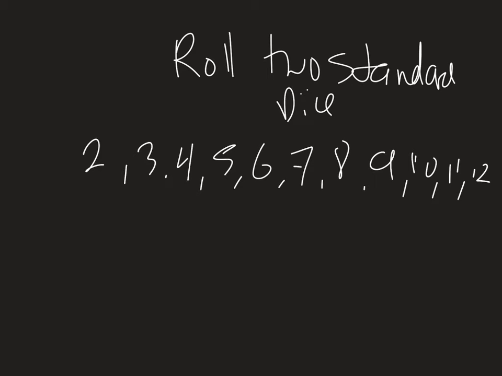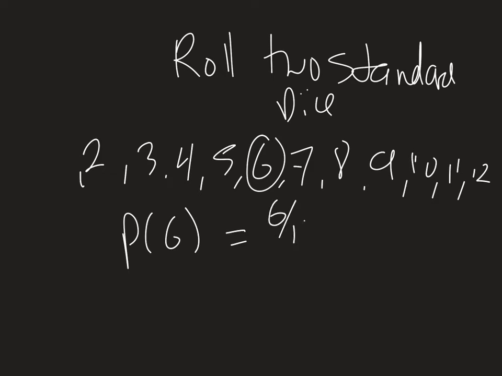And it can be tempting to say, okay, well, the probability that I roll a 6, so that would be if I roll a 3 and a 3, a 4 and a 2, a 2 and a 4, a 5 and a 1. It can be really tempting to say, okay, well, there's one possibility of 6 out of, let's see, 1, 2, 3, 4, 5, 6, 7, 8, 9, 10, 11 possible choices. So it can be tempting to say it's 6 out of 11.